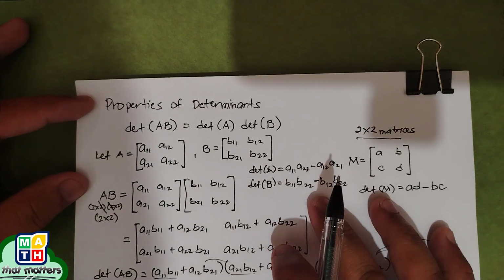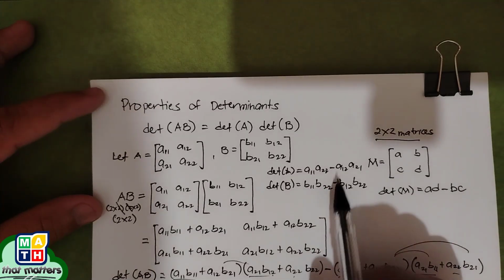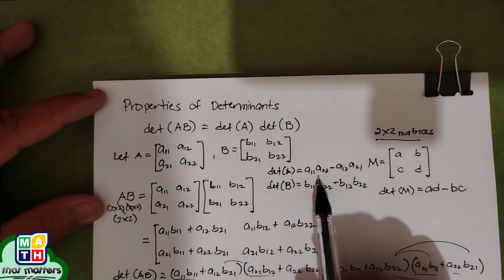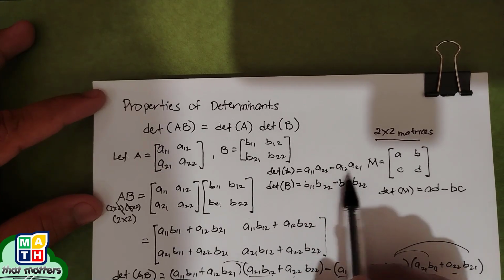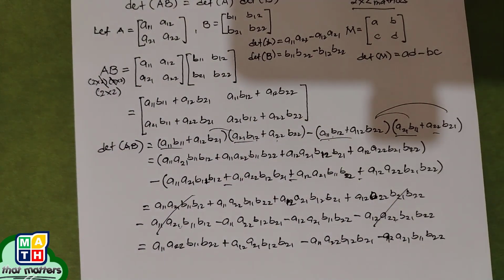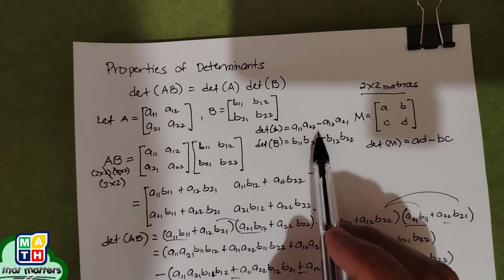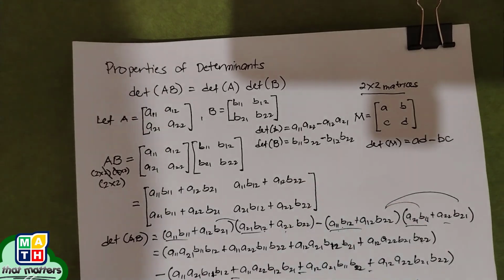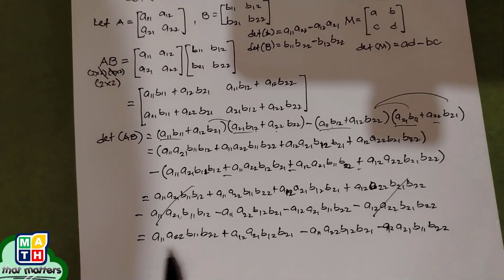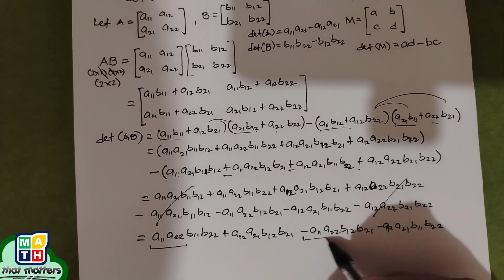Why am I writing this? Because our goal from this expression would reach a product of this. That would mean there should be a way for us to factor this and that from here. And what would be our next step? Here we need to have A11 and A22 together. We have here A11 and A22 for the first and for the third.